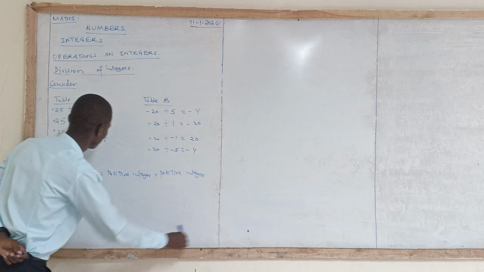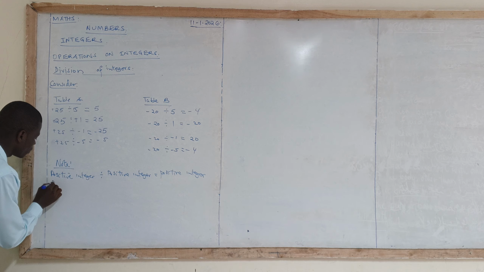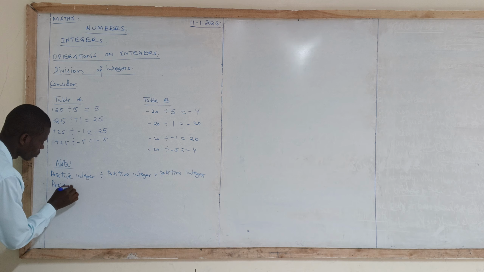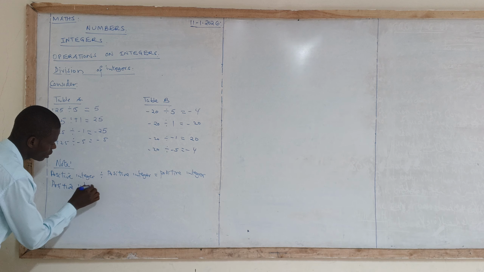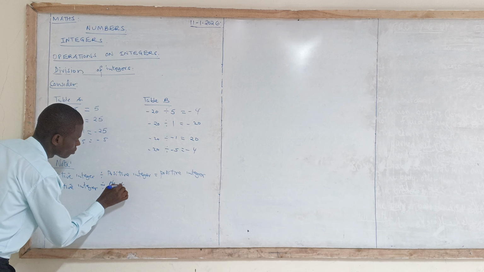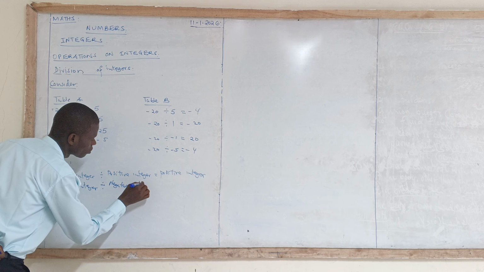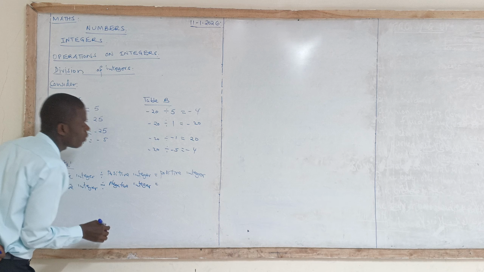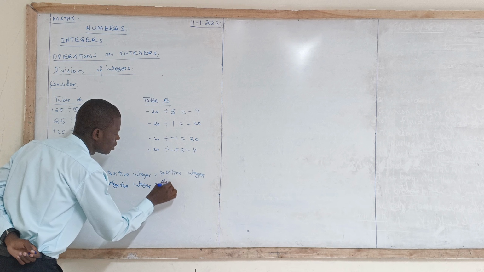Are you following? Now, positive integer divided by negative integer, we have seen our answer is negative integer.